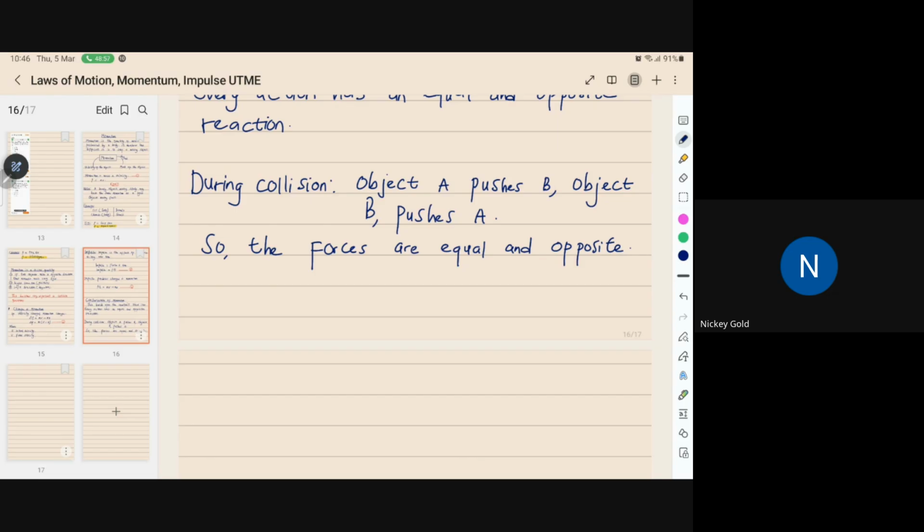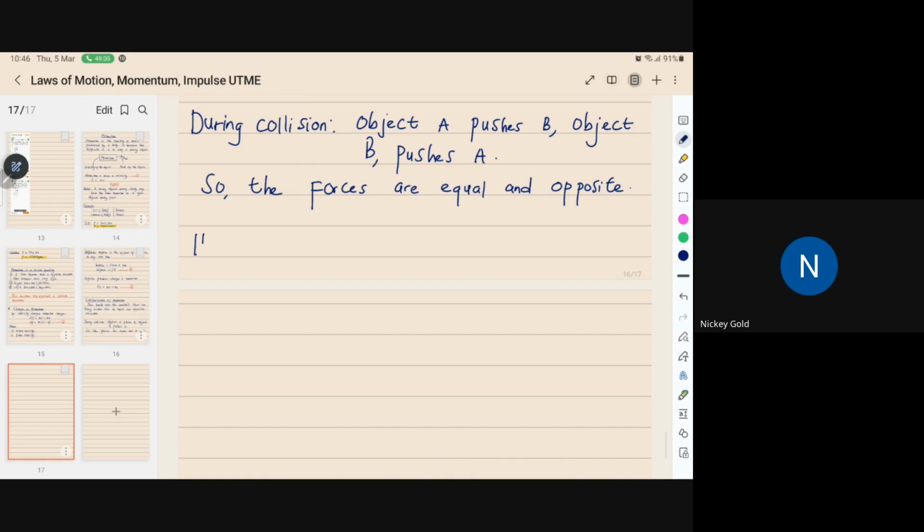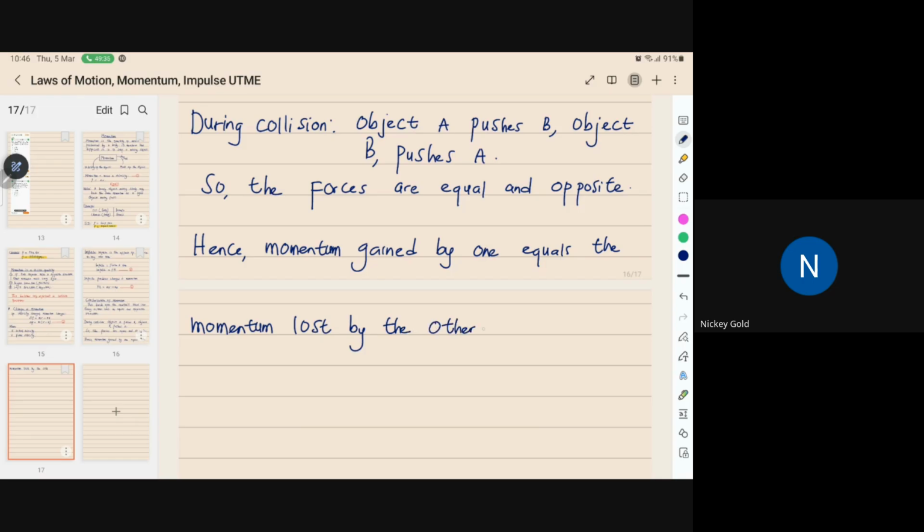So now the law of conservation of momentum says one thing. Hence momentum gained by one of them equals the momentum lost by the other. Are we together now?